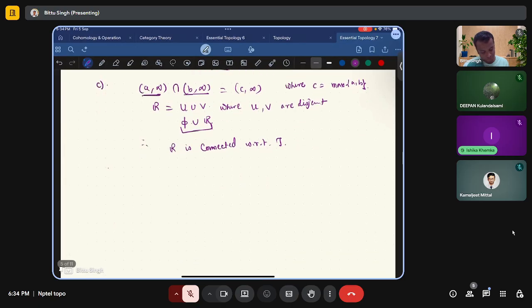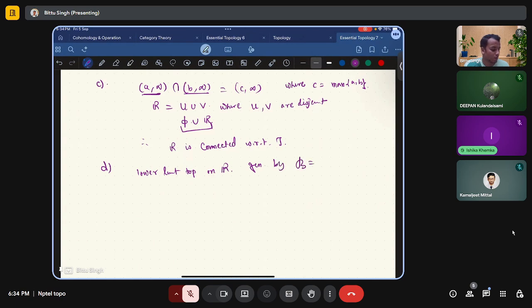Recall that lower limit topology on R, this is generated by this kind of element, generated by this basis, right? Where B is some closed A, comma open B. This is the limit point. A comma B are real numbers.